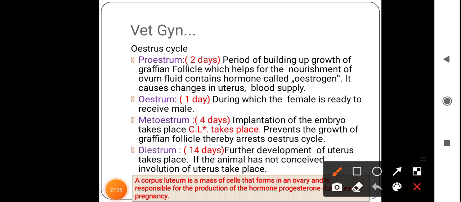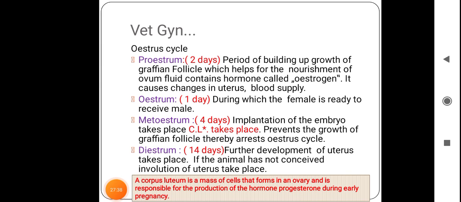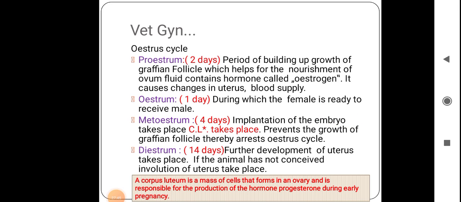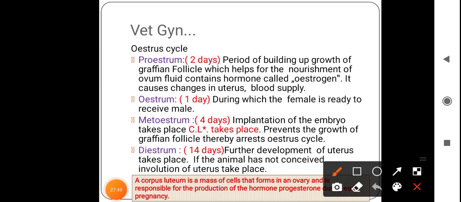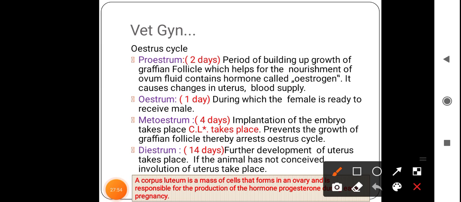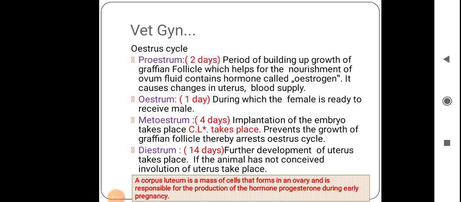The progesterone hormone is important for the development of the embryo. So the corpus luteum is responsible for production of this hormone, known as progesterone. I hope you have understood this estrus cycle.